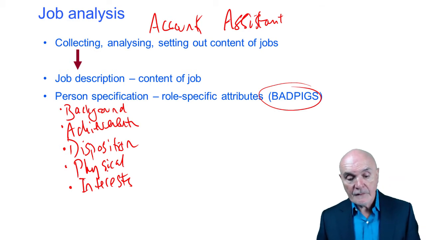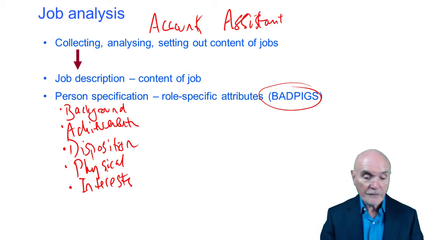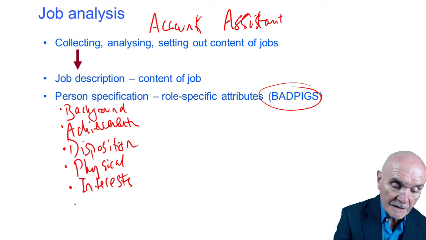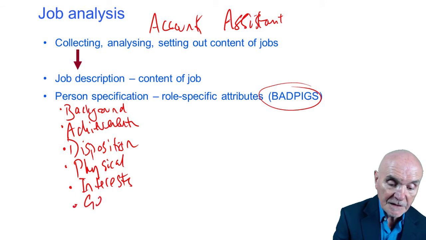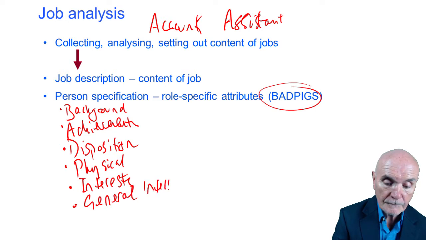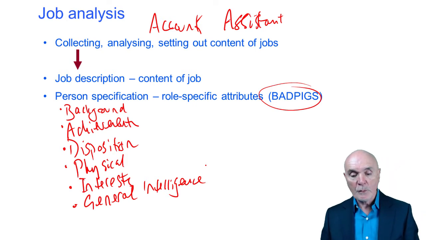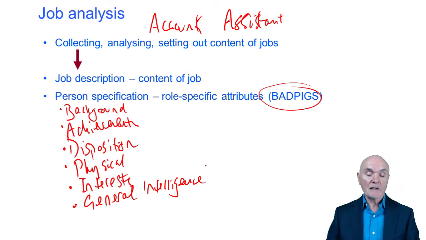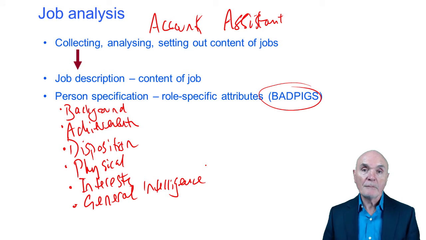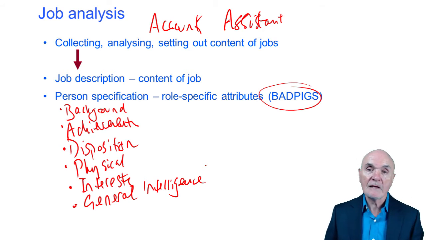After the interests, we have coming up in the G here, general intelligence. Obviously, if somebody comes with a degree, you can assume that they're fairly intelligent, but many people are applying for jobs at a lower level.